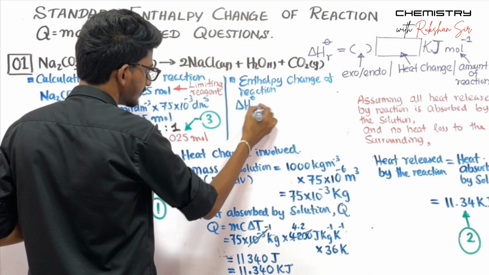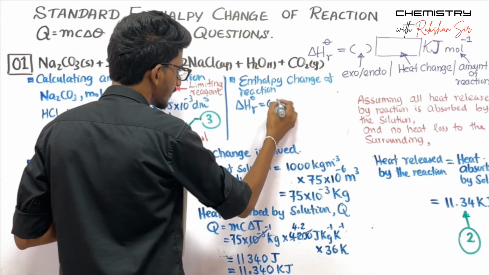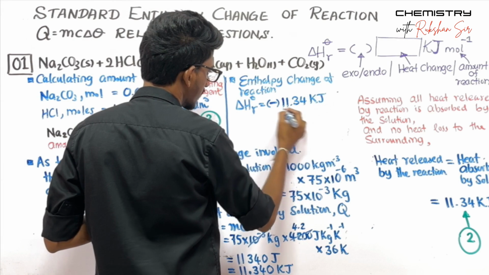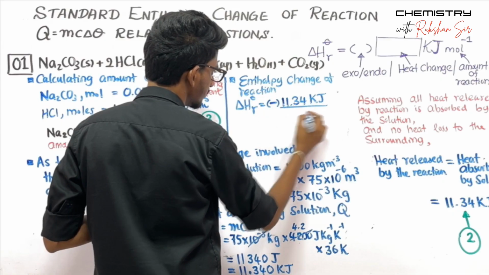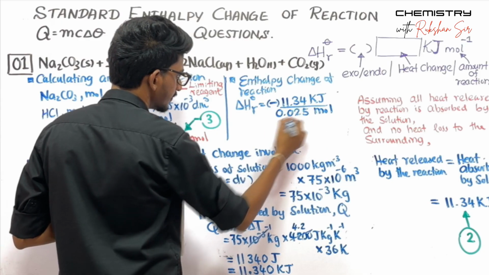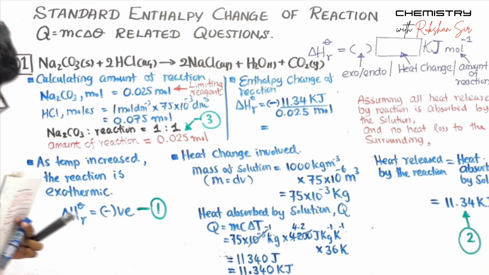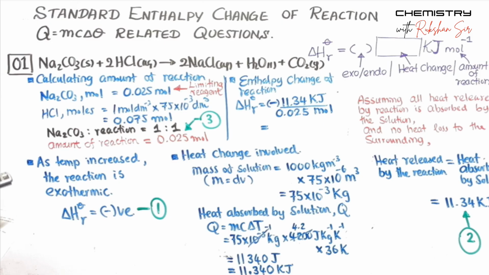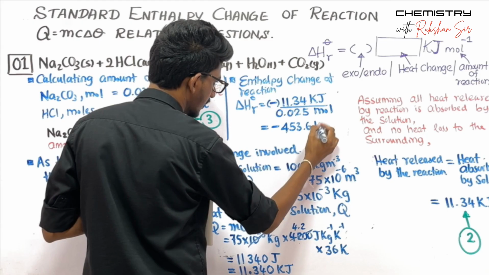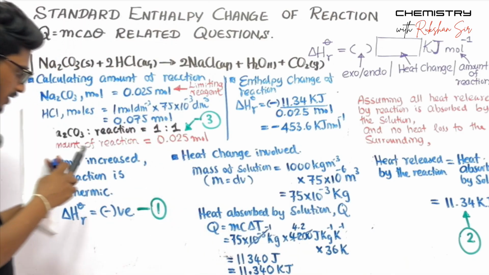Delta H naught R is equal to minus, exothermic, 11.34 kilojoules divided by the amount of reaction, 0.025 moles. Simplifying, this value is minus 453.6 kilojoules per mole. So this is the answer.